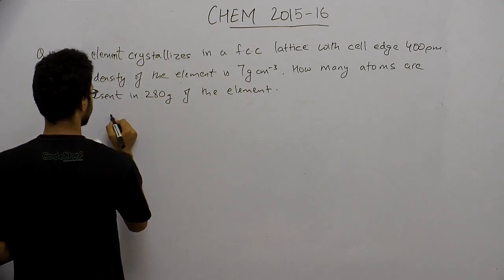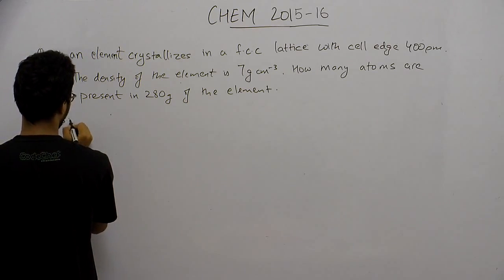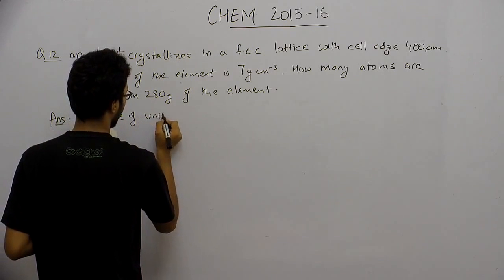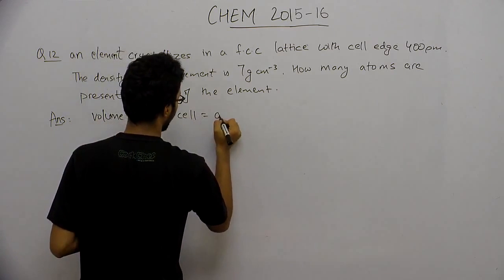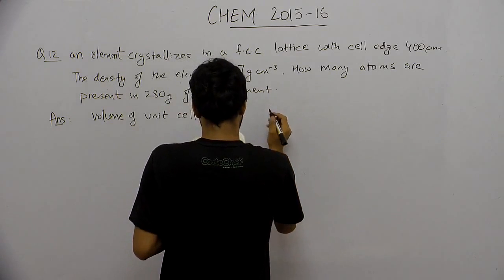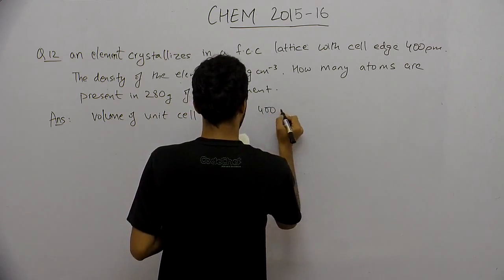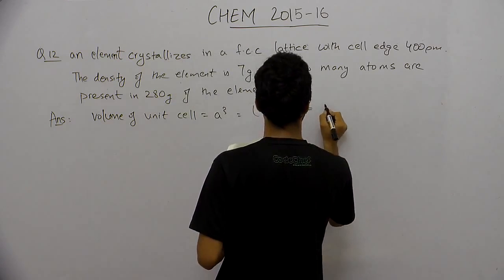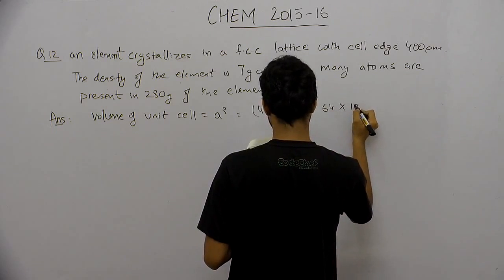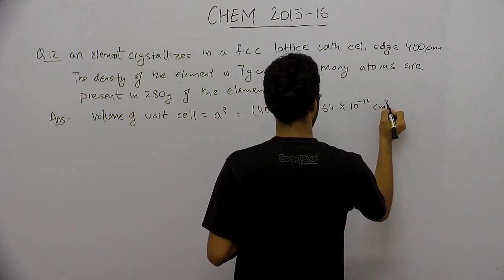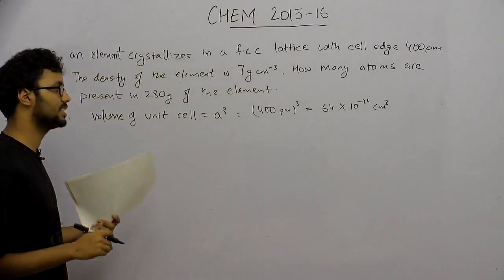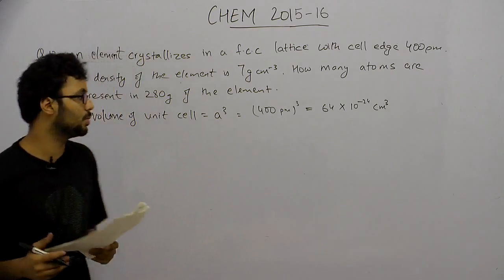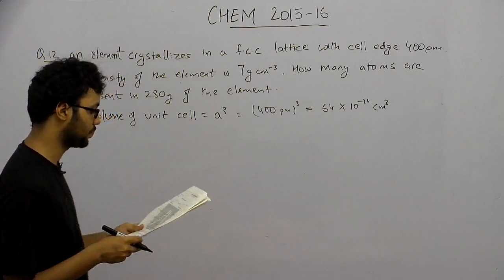So the volume of the unit cell equals a cubed, that is 400 picometer cubed, so it is 64 into 10 raised to the minus 24 centimeter cube.